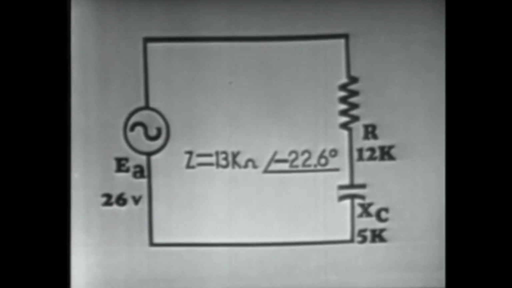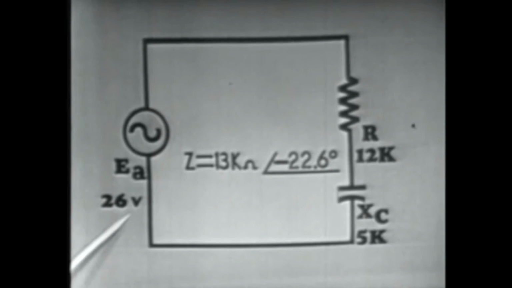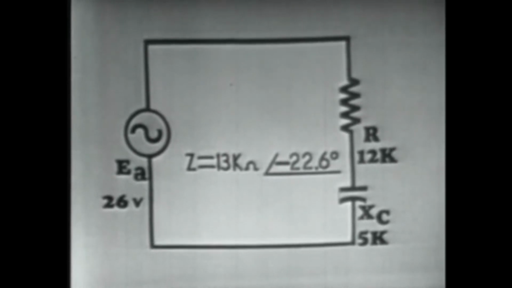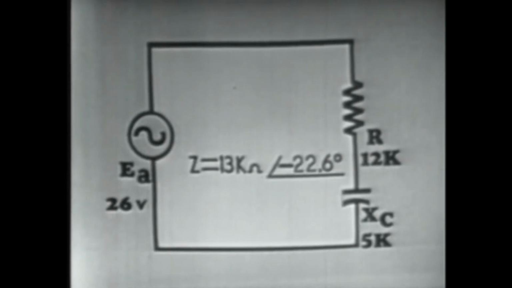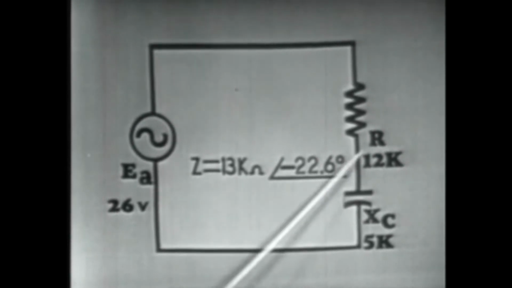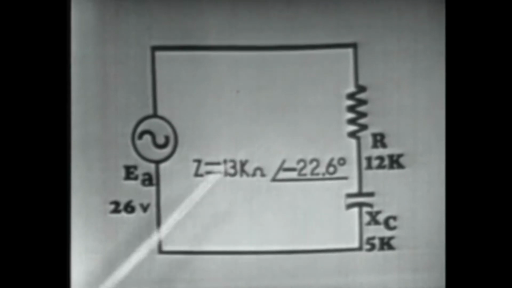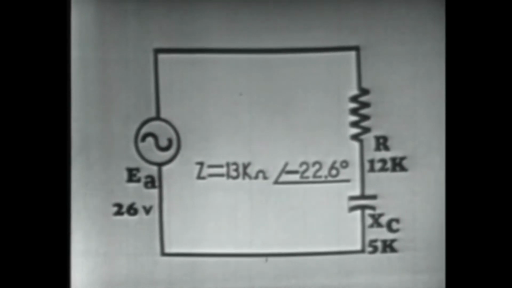Thus far we have determined the impedance, current of the circuit, and voltage drop across the individual components. What about the power in the circuit? Well, we have two powers: the power dissipated by a resistor R and the power delivered to the circuit by the generator.